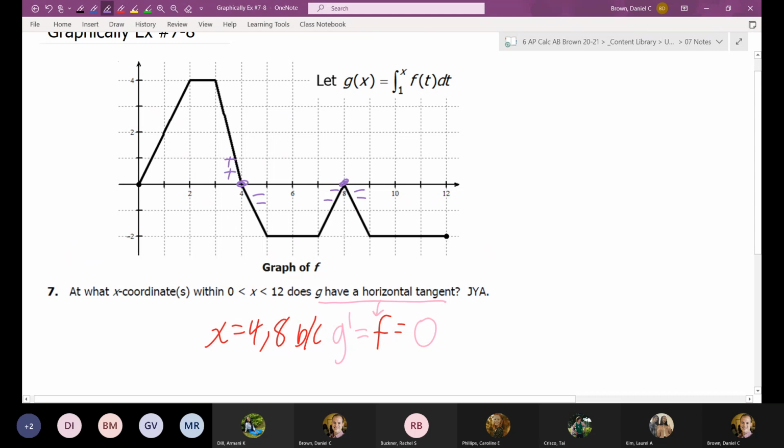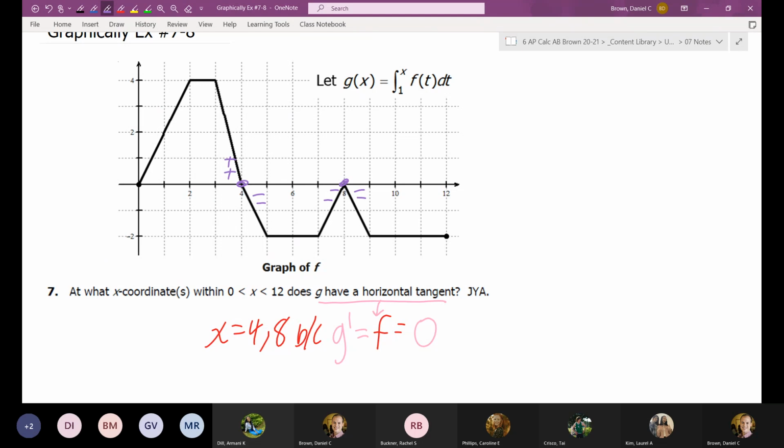Because we were talking about where it changes, if it's an endpoint, you don't know what it's doing, there's nothing before it, so you can't talk about it changing signs. So I just didn't include it. So if 12 were at 0, then you wouldn't include that? I wouldn't include it either. For an absolute, then yes I would, because it would go on the candidate's list.